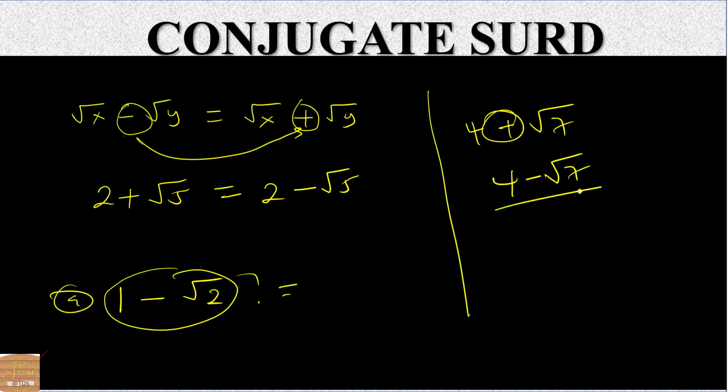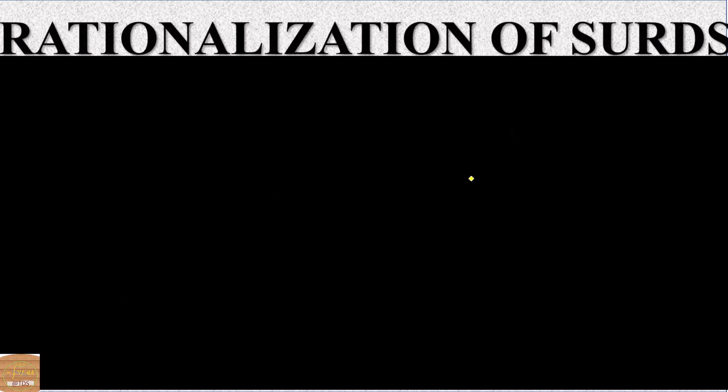Now that we fully understand what a conjugate is, let's quickly look at what rationalization of a surd is. Surds of the form 1 over root a can be rationalized by multiplying both the numerator and denominator by the denominator here.